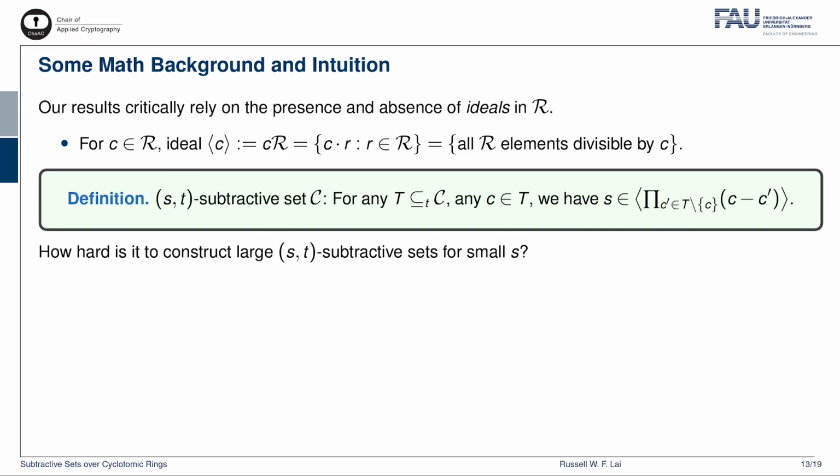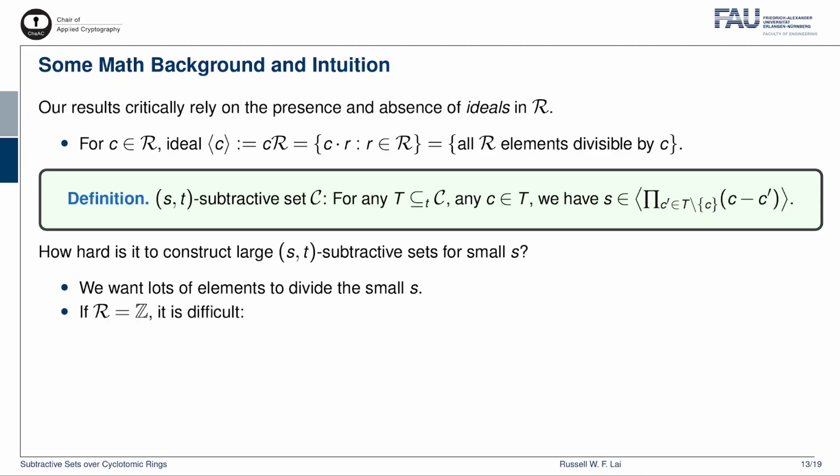Let us think about intuitively how hard it is to construct large subtractive sets for a small slack s. Notice that to construct such a set, we want lots of elements to divide the small slack s. Suppose our ring R is the ring of rational integers, Z. It is going to be difficult because of the following observations.